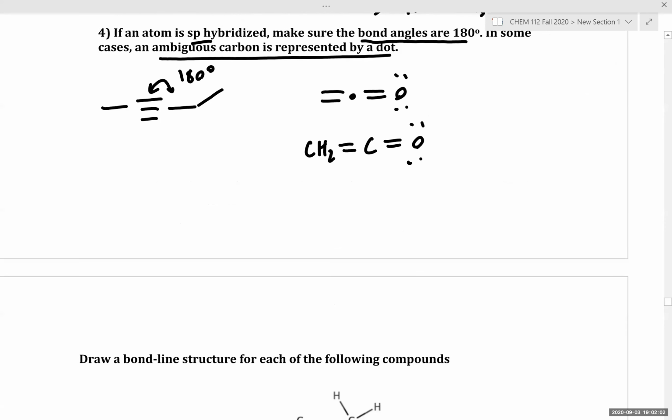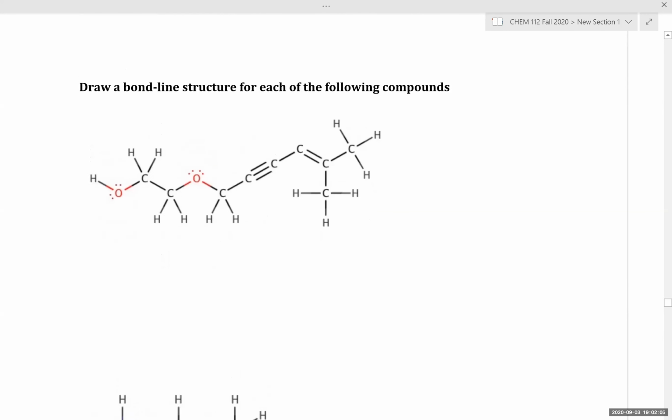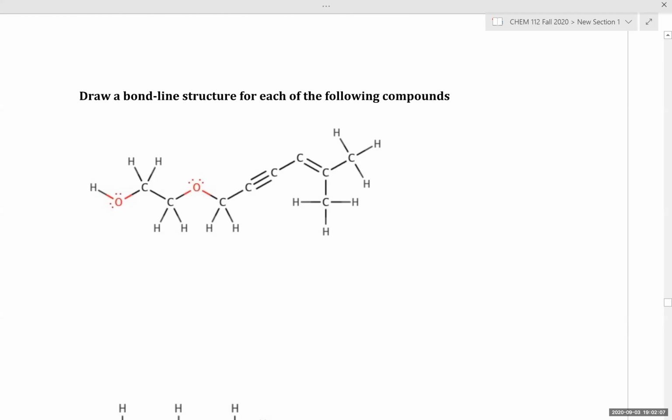Perfect. So let's try to draw a bond line structure for each of the following compounds. I'll start us off, and you generally just process your structures from left to right. So I draw my OH. We draw each of our carbon atoms as a zigzag pattern. For our triple bonds, we make sure our bond angles are 180 degrees.